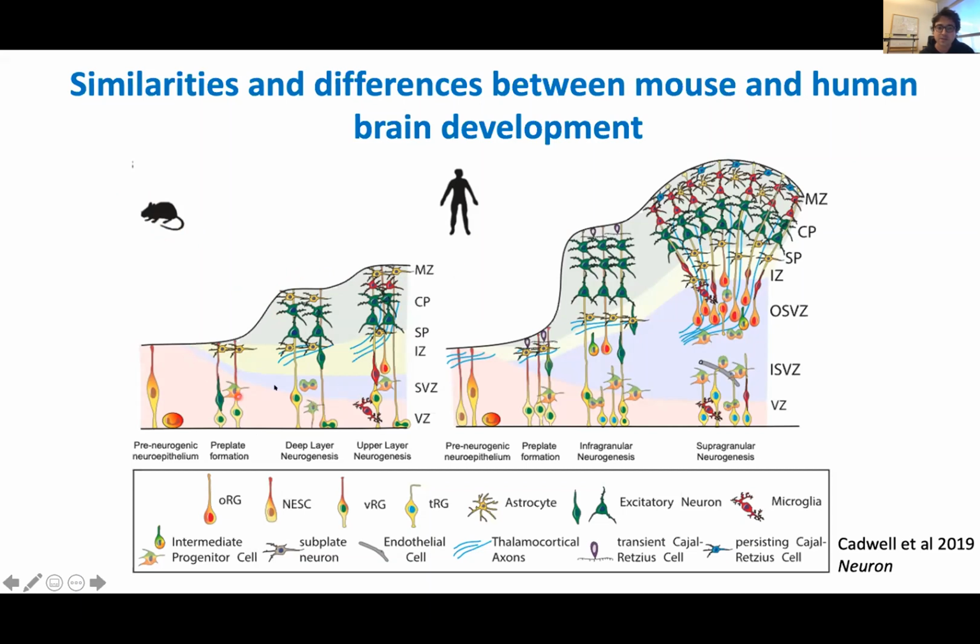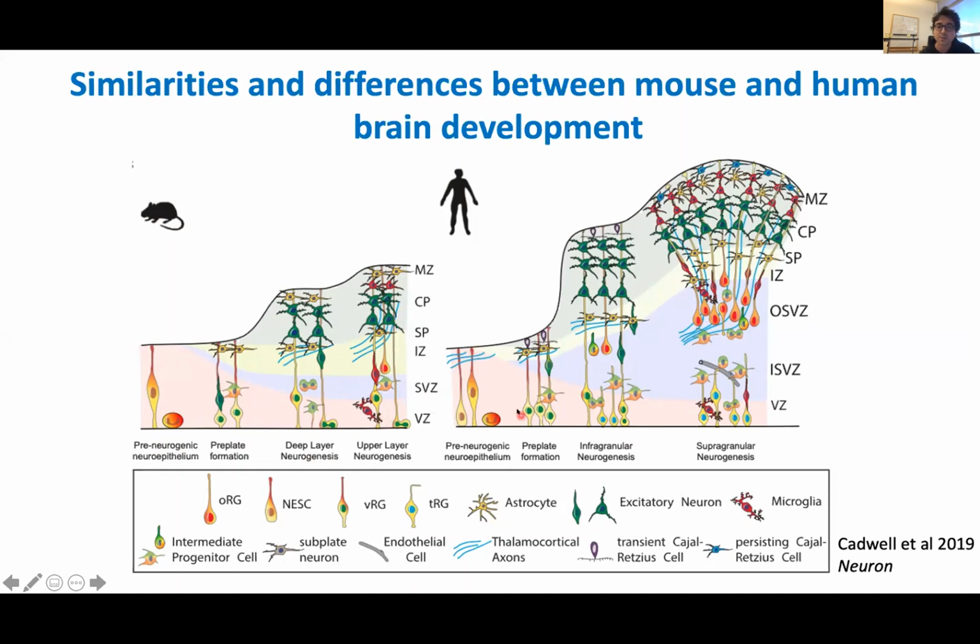Mouse cortical development, as you've heard from Song Hai's and Alfredo's talks, undergoes sequential progressive changes from neuroepithelial stem cells through to radial glia, which then undergo neurogenesis and later also gliogenesis.